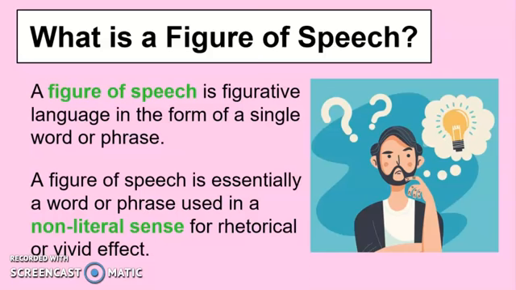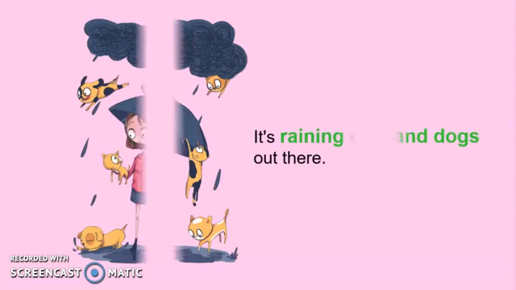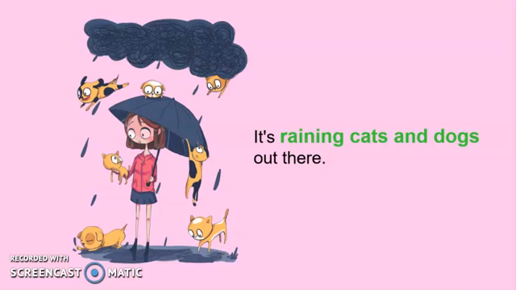What does that mean? Well, it's simple actually. Whenever you say something but you don't mean it literally, you are using a figure of speech. Let's say you are about to head out to the store and your mother says, "You better take a jacket. It's raining cats and dogs out there." Does your mom literally mean that animals are falling from the sky?